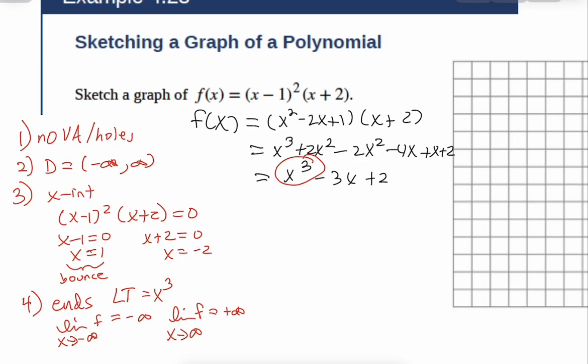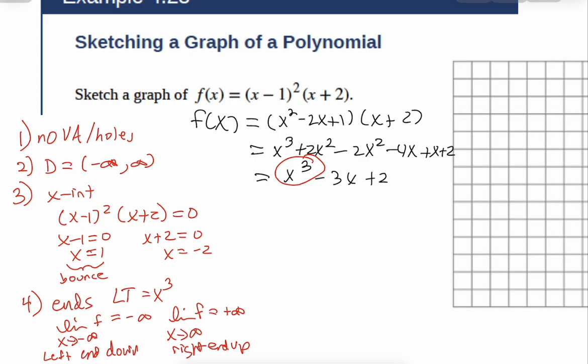So that should not be a surprise. So this says our left end is going down and our right end is going up. So for a polynomial, steps 1 through 4 should be pretty straightforward.